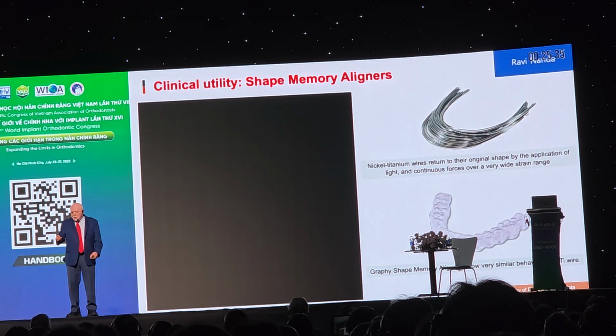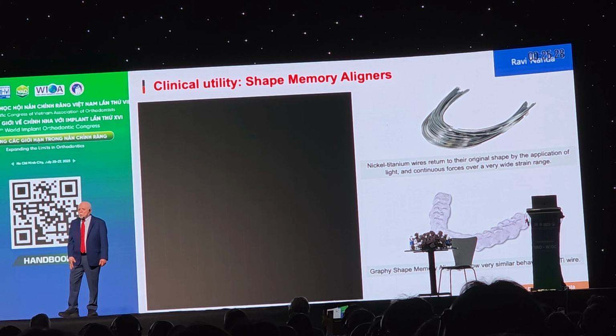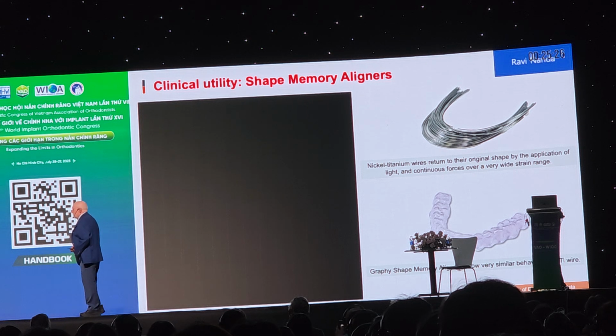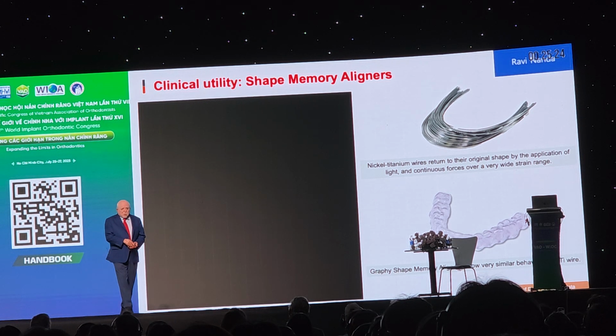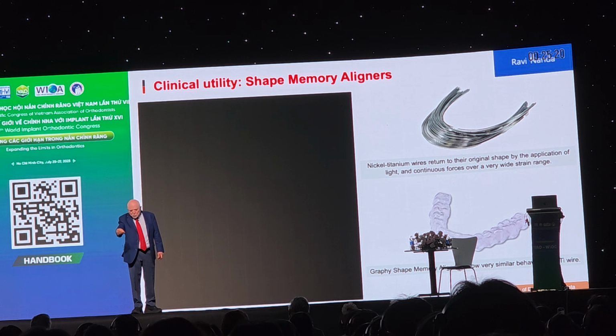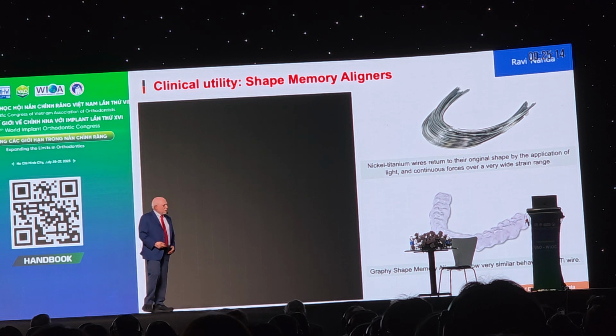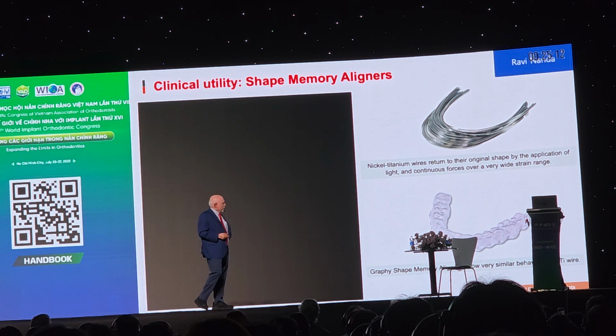You can take a liner from room temperature, put it in hot water, lukewarm water, soft, make it into this, put it back in the water, goes back to original shape. So what do we do? Patient comes in, we tell the patient, just open the hot water, put the liner in there, it becomes soft, adapt it in the mouth, you're done. It becomes 100% active within 1 hour.